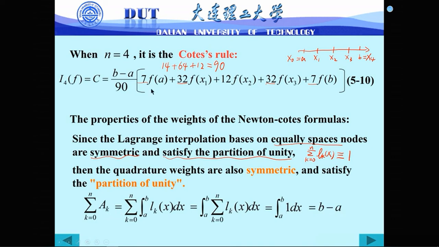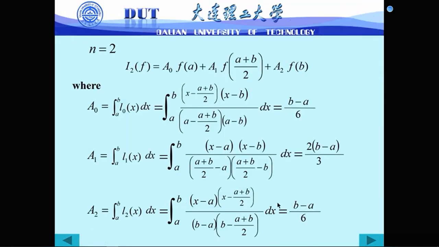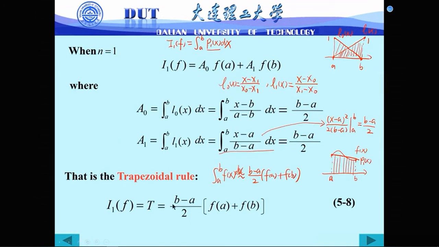So that is why here now you see all the coefficients, the summation is 90 over 90, so b minus a. Okay? And also here 1 for 1, the 6 disappears, b minus a. And also here when n equals 1, b minus a over 2, the summation is just b minus a.